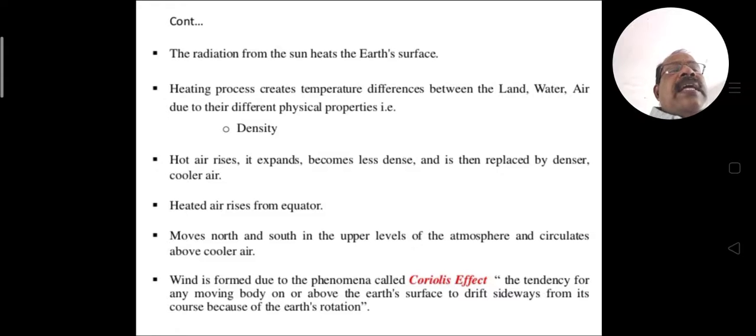So wind is formed due to a phenomenon called the Coriolis effect: the tendency of any moving body above the earth's surface to drift sideways from its course because of the earth's rotation. So wind is formed due to the Coriolis effect.